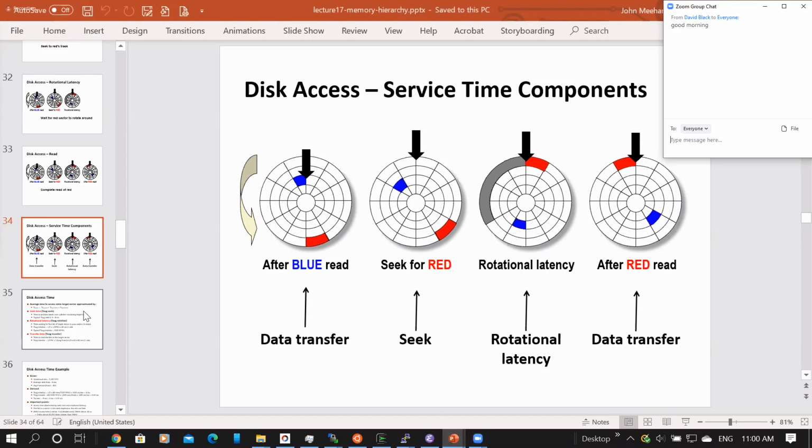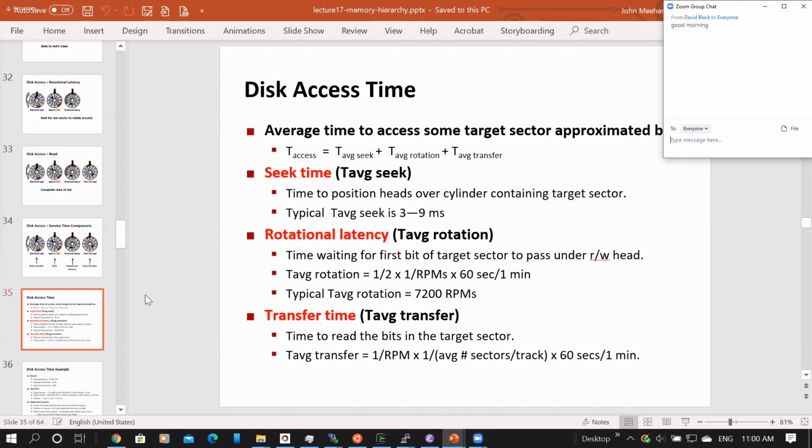So you can look at some numbers associated with these things, and these are roughly realistic numbers. For the seek time, obviously it's going to be different if you're seeking one track over, two tracks over, as opposed to going all the way across the surface of the platter. So how do you come up with an average seek time?